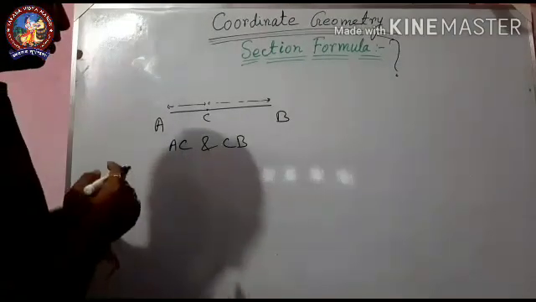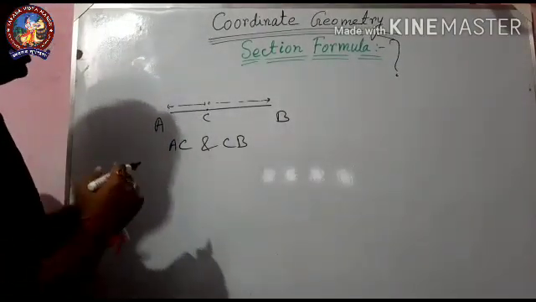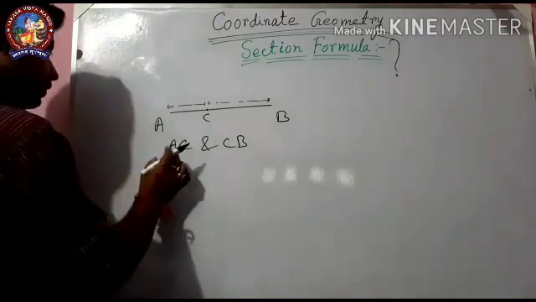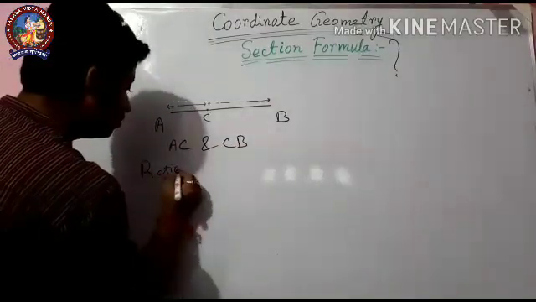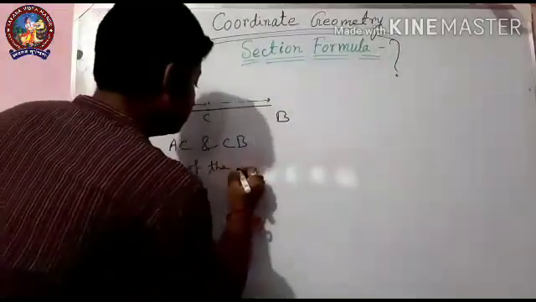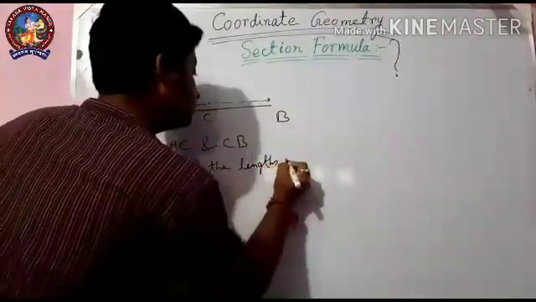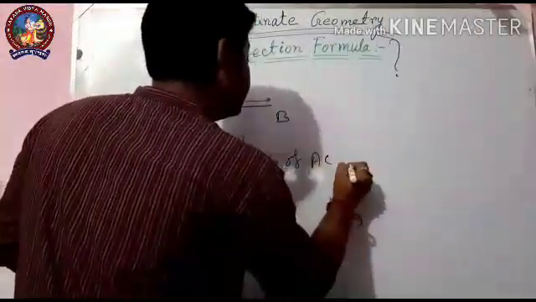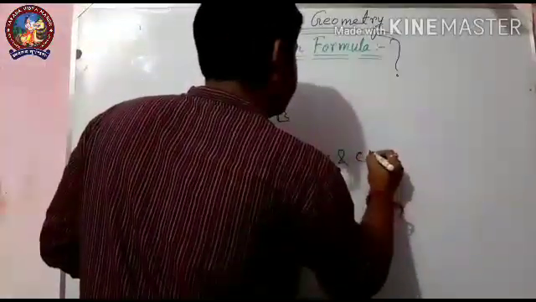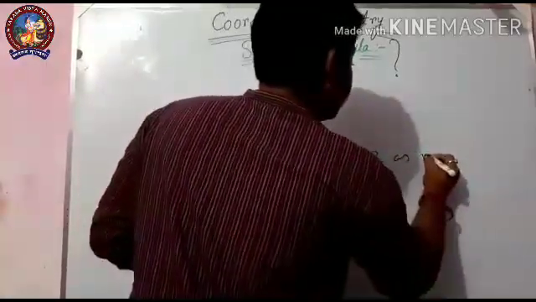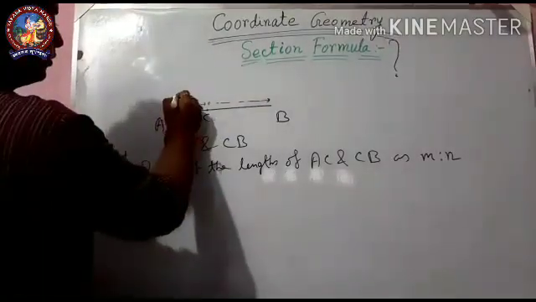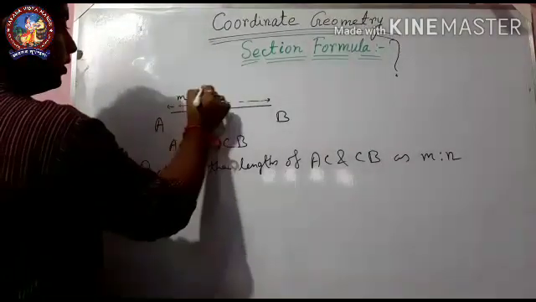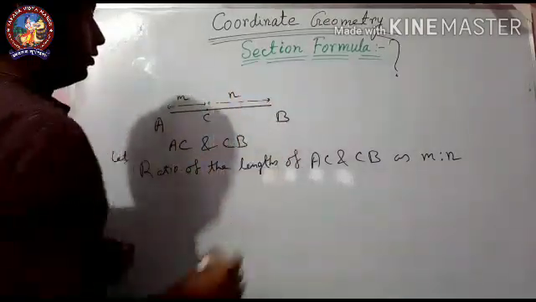Now suppose I am taking the ratio of the lengths of line segment AC and line segment CB as M is to N. So this much will be M and this much will be N, right?